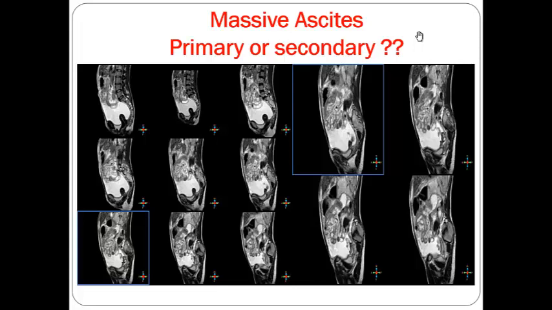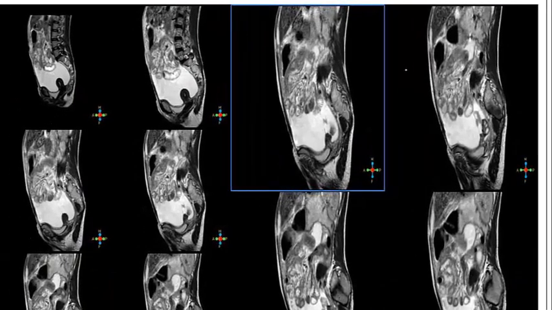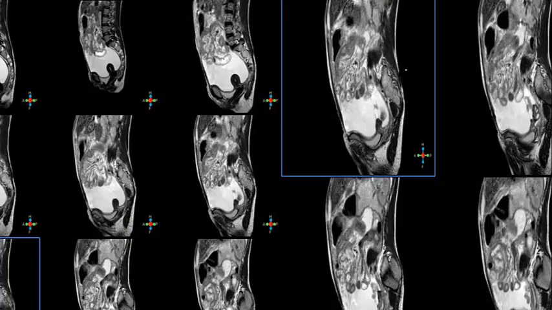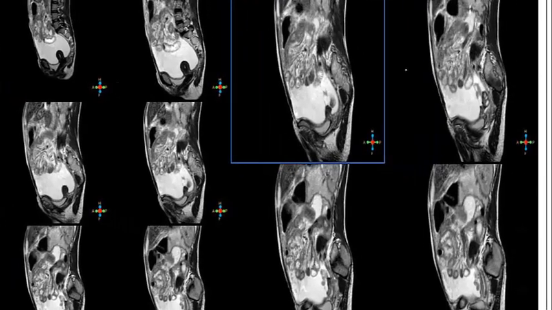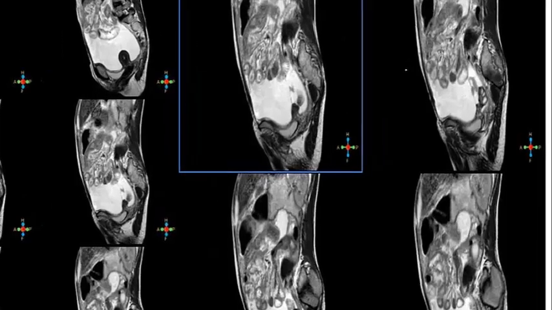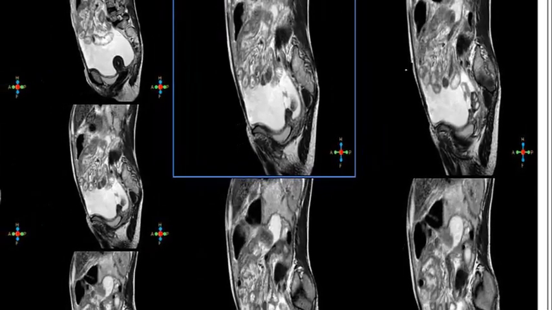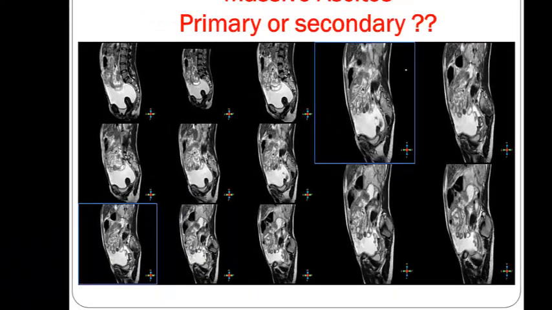Just a hint here, this patient has massive ascites. Note here the uterus is small and low down. This is a postmenopausal woman also. Here the ovaries are seen, and they are relatively bulky.